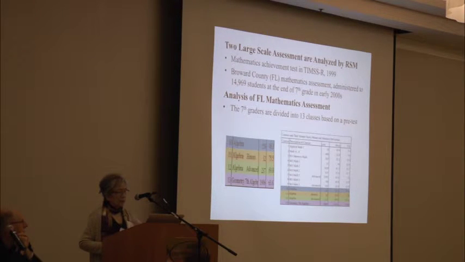They gave seventh graders a pretest, and based on pretest scores, they classified the students into 13 different courses, all depending on pretest scores. The number is almost 15,000 students, so we have enough sample size.